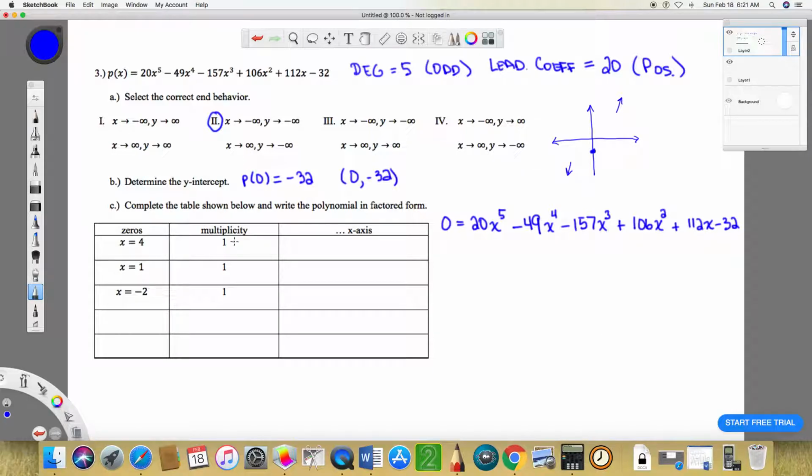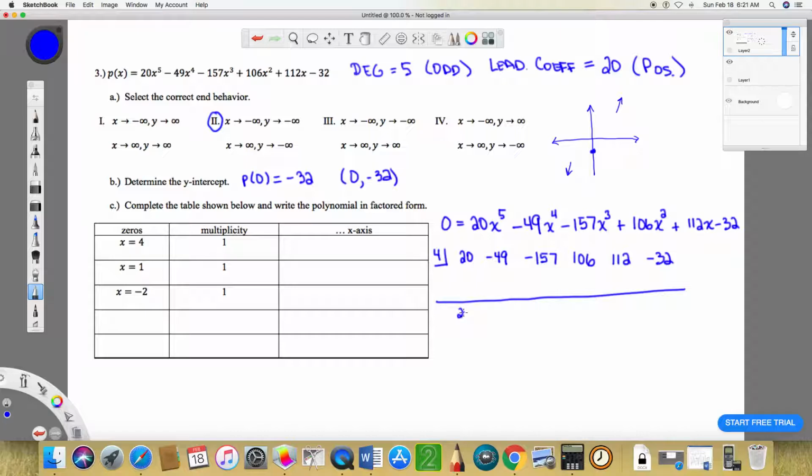Each of these zeros has a multiplicity of 1, so we can do synthetic division on these only once. It doesn't matter which one we do first, so I'm just going to do 4 first. Now we're expecting to get a 0 remainder. If we don't, then I would check to make sure I've copied this down correctly from up above, and then check my arithmetic for sign errors and stuff like that.